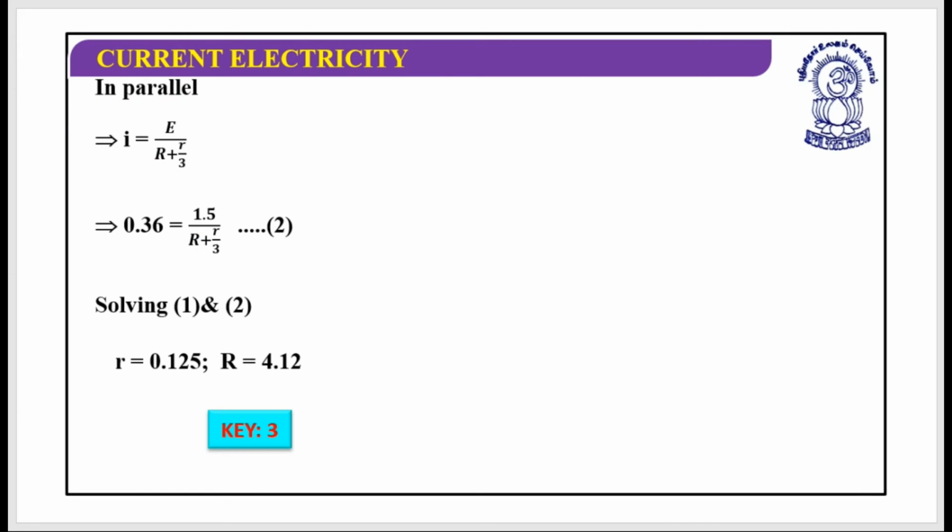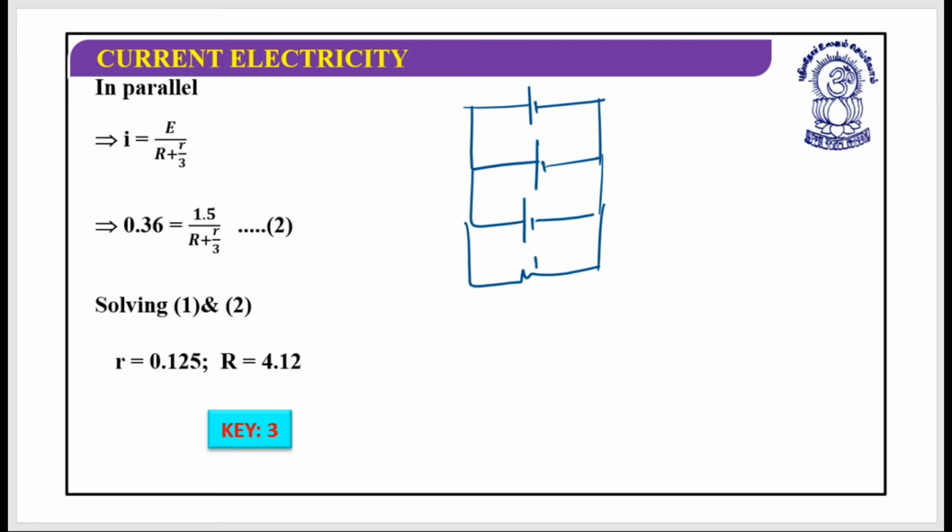Now when they are connected in parallel, the situation would be something like this: a first, second, and third cell connected with external resistance R, each E comma r. The E equivalent remains the same because they are identical cells, and r equivalent would be r by 3.